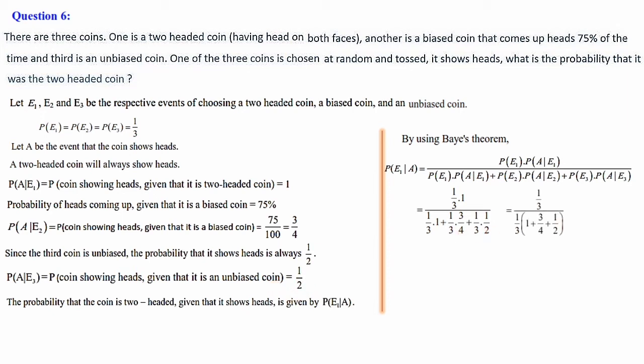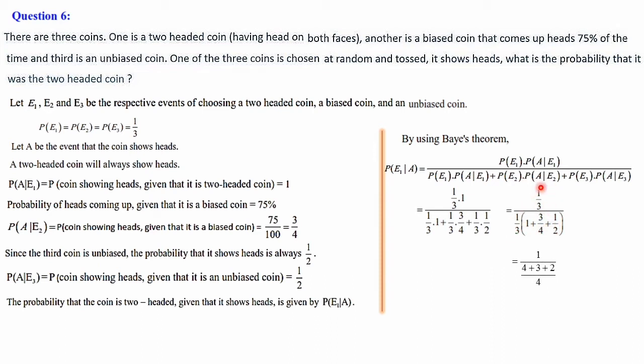Now we will go for the calculation. 1 by 3 into 1 divided by, you can see here, in the denominator 1 by 3 is common in all the three terms. Let's take out 1 by 3 common. Then in the first term there is 1, second term there is 3 by 4, third term there is 1 by 2. So balance we have written 1 plus 3 by 4 plus 1 by 2. 1 by 3 can be cancelled.